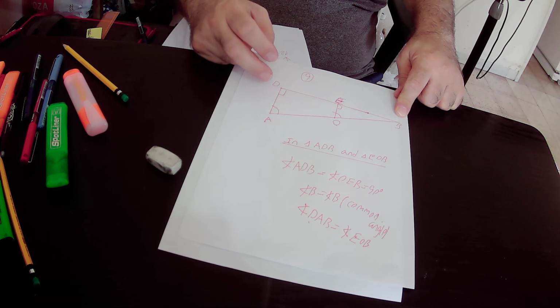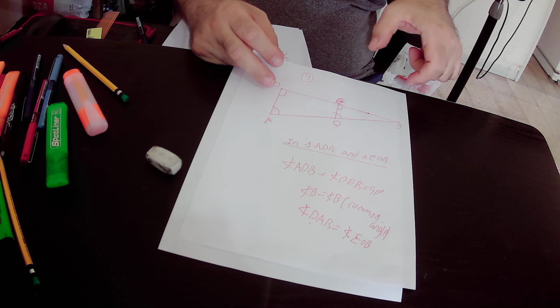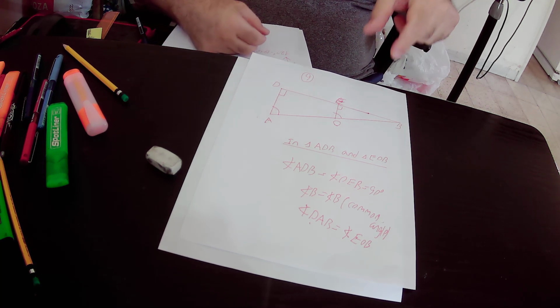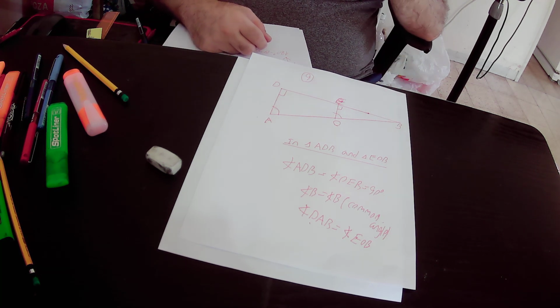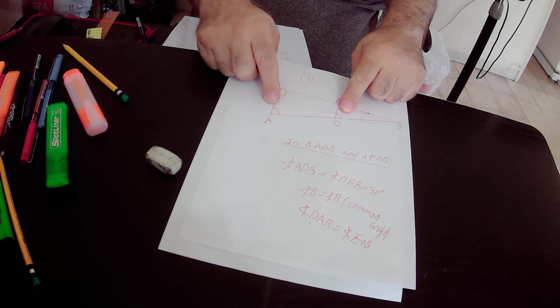So two angles of triangle ADB equal two angles of the small triangle, triangle OEB. And according to the third angle theorem, the third angles must also be equal to each other.